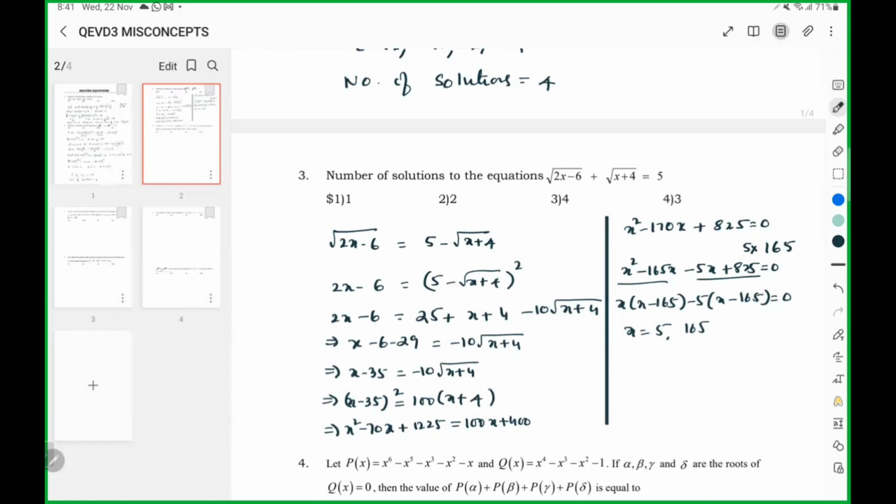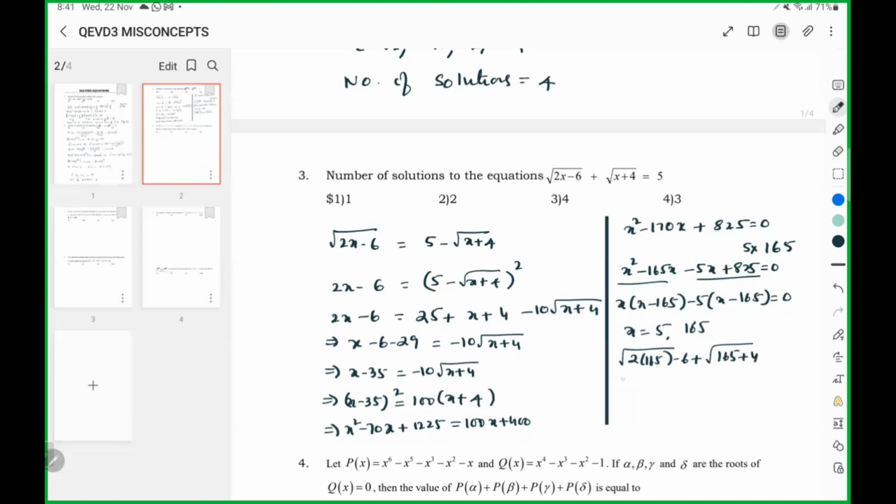The reason is, once you substitute 165, what will happen? Let us see. 2 into 165 minus 6 plus 165 plus 4.